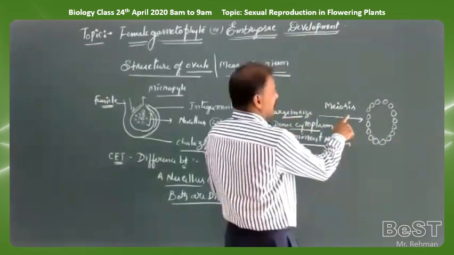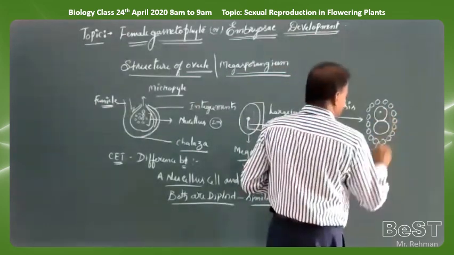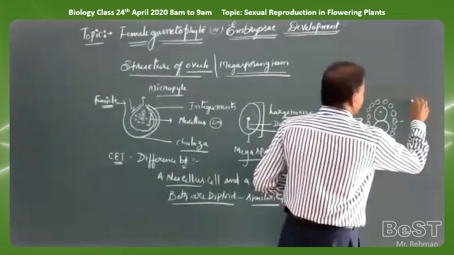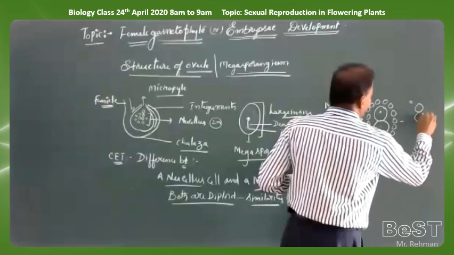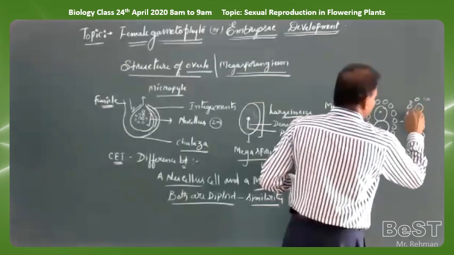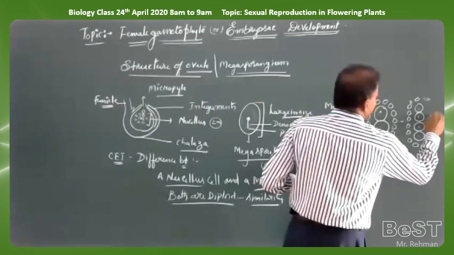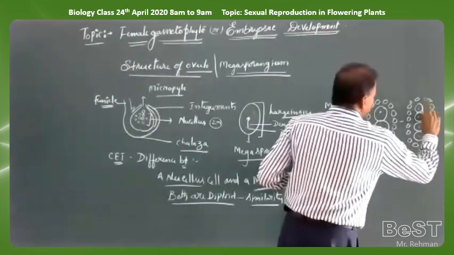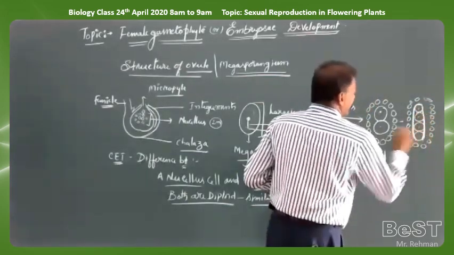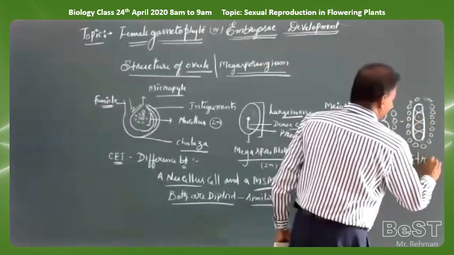In the first meiosis, or meiosis 1, two cells are formed which are called dyad. Next, 4 cells are formed. These are all nucellus. According to the textbook diagrams, within a single megaspore mother cell, 4 cells are formed. 2 cells dyad, 4 cells tetrad.